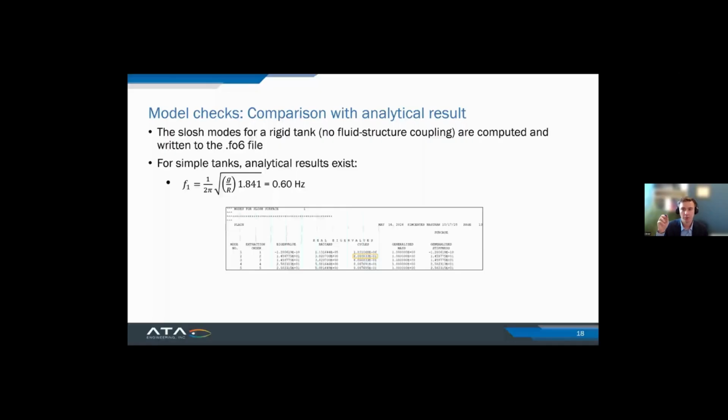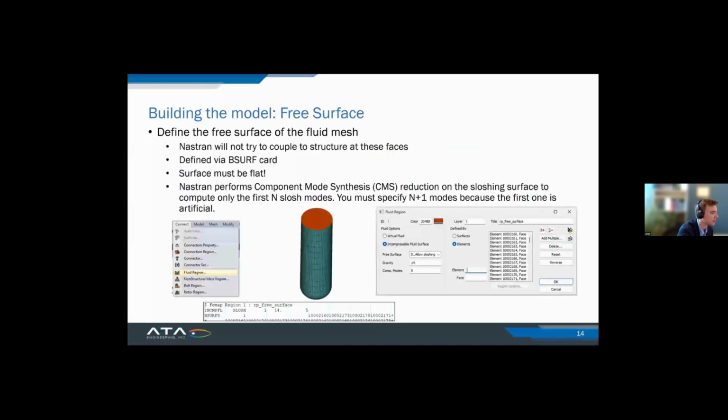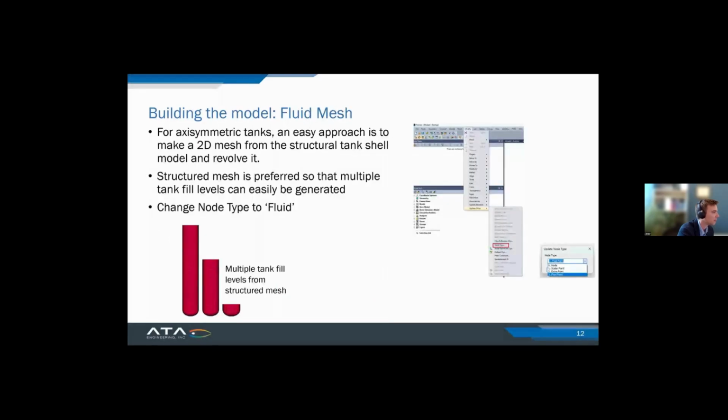And then within each of these individual fluid meshes, I modify the gravity card. So in the end, I have a whole folder of these include files. Each of them represents one of these tank fill levels.